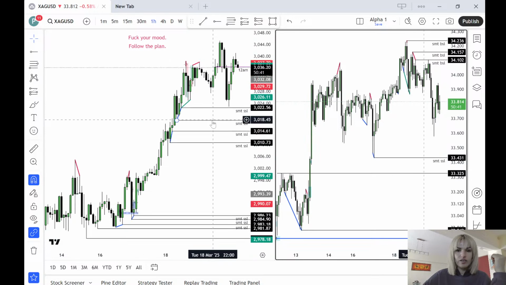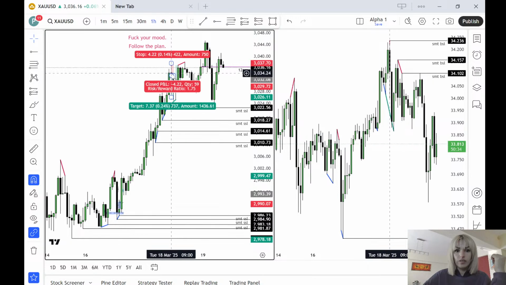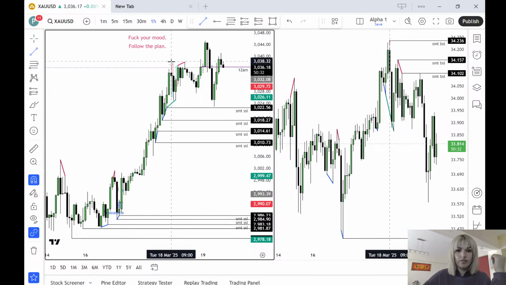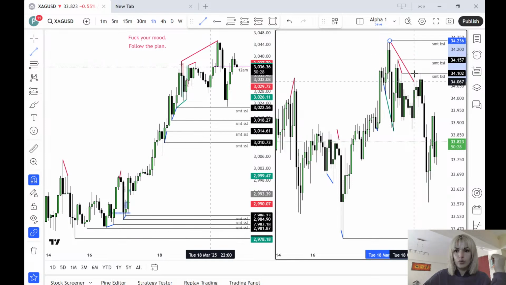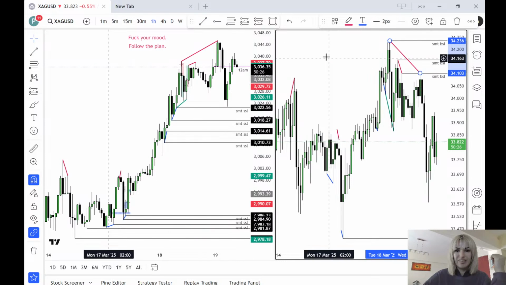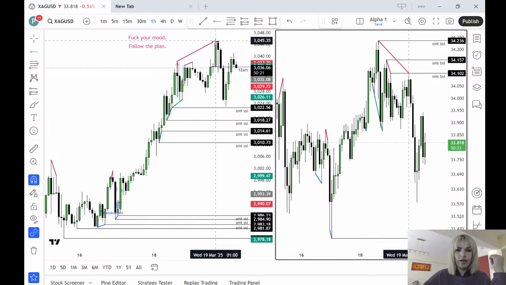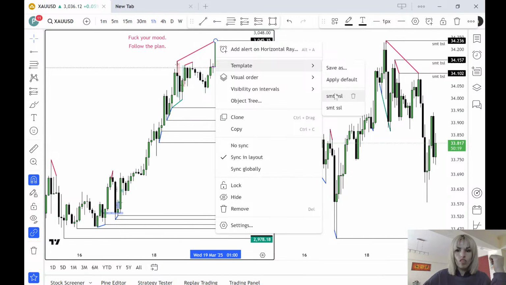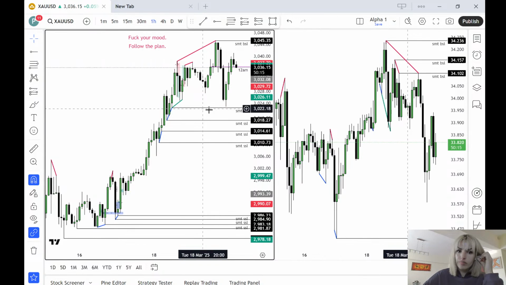Okay, so let's see what is going on in here. Oh my God, just look at this, you guys. Look at this. This thing, it's screaming that at least a pullback should happen.